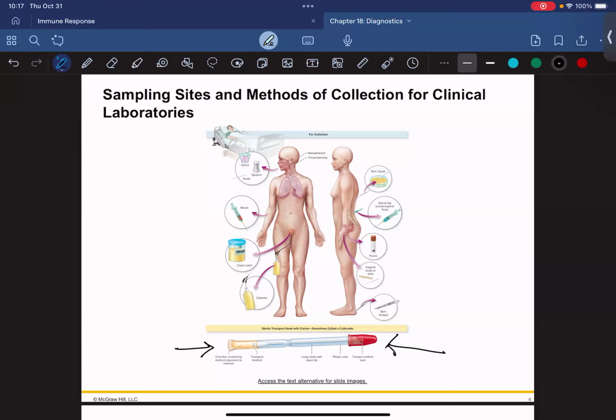But whatever it is, there's usually some sort of transport medium in the bottom to keep the bacteria alive until it gets to the lab, because a lot of hospital labs, when they get cultures, aren't going to be getting it out of their delivery system and swabbing it immediately. It's going to sit on a shelf for a little while. And then when they get to it, they will go and swab the plates. That's just because you only have a limited number of people able to do these things at once. So that's how that'll operate.